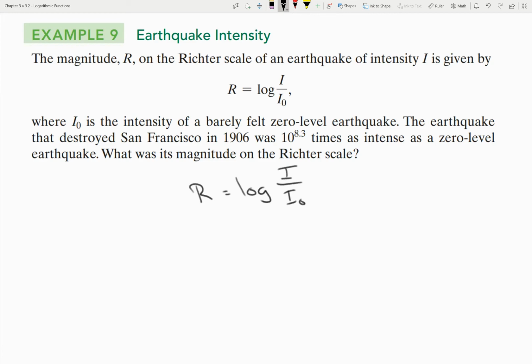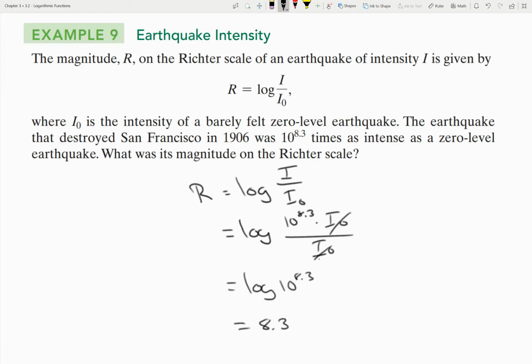But basically, all this is saying is that your I is 10 to the 8.3 power times bigger than the initial one, over the initial one, so those just cancel out. And so really what we're doing is finding this expression, which is just 8.3. Log base 10 of 10 to the 8.3 power is 8.3.